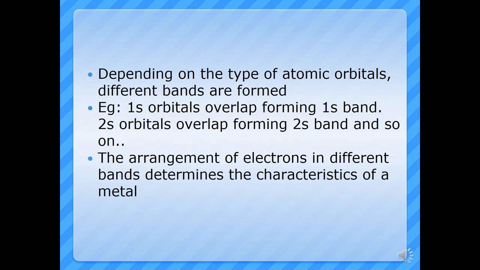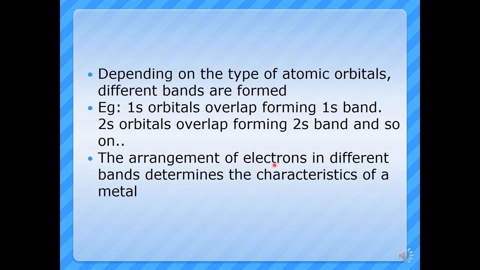Each energy level in this band is capable of holding 2 electrons. Now, depending upon the type of orbitals which overlap, different bands are formed. For example, 1s orbitals overlap to form the 1s band, 2s orbitals of all the atoms in the metal lattice overlap to form the 2s band, and so on.